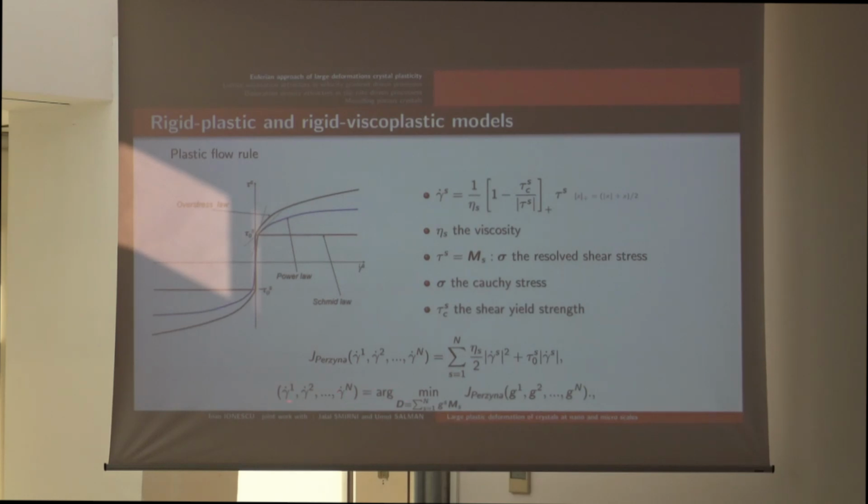That means if we have the stresses, we can find directly the slip rates, but if we have the strain rates, we have to minimize this function with this linear affine constraint.